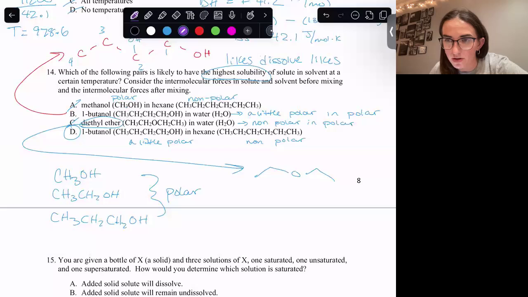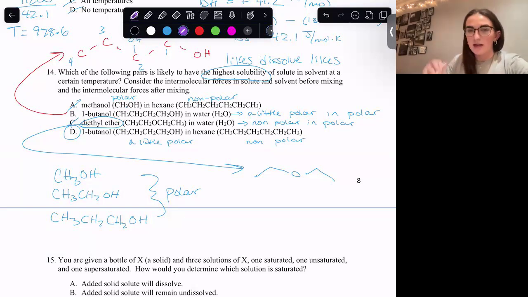How do you know something is polar or not? So the big thing that comes down with polarity is difference in electronegativity. If you have differing atoms, you'll have a difference in electronegativity. So since we have a CH3 bonded to an OH, those are different.